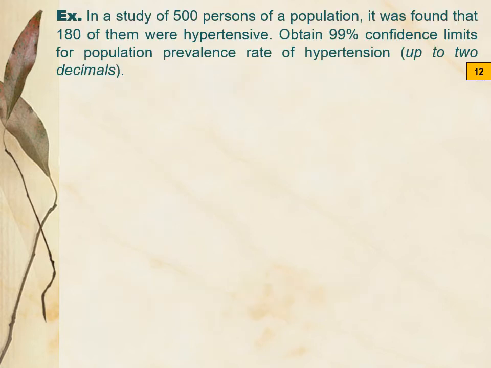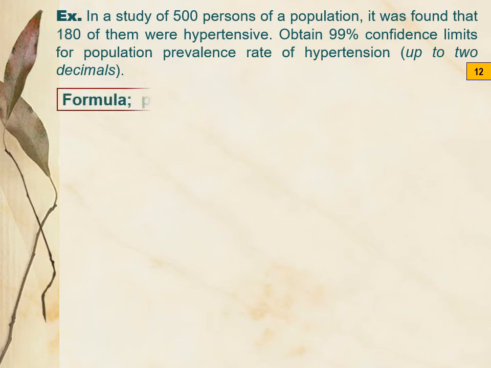Slide number 12. One example. In a study of 500 persons of a population, it was found that 180 of them were hypertensive. Obtain 99% confidence limits or confidence interval for population prevalence rate of hypertension up to 2 decimal places.